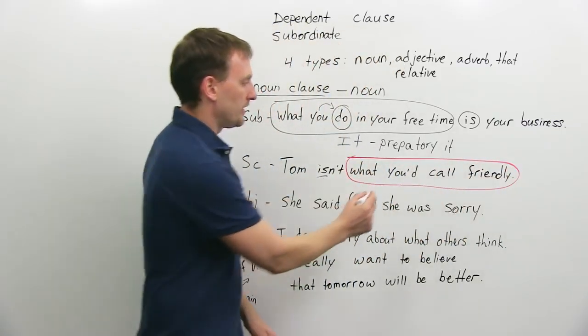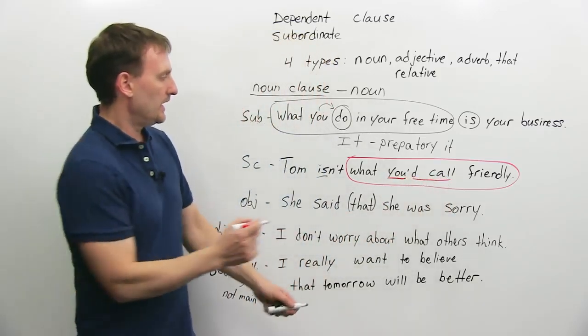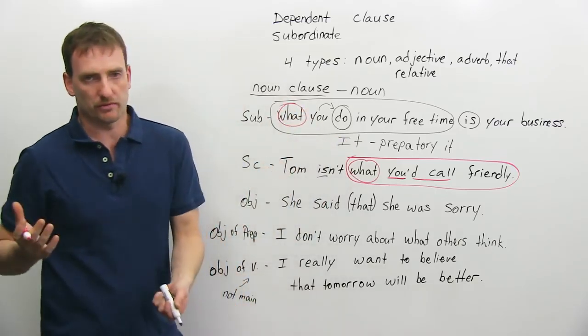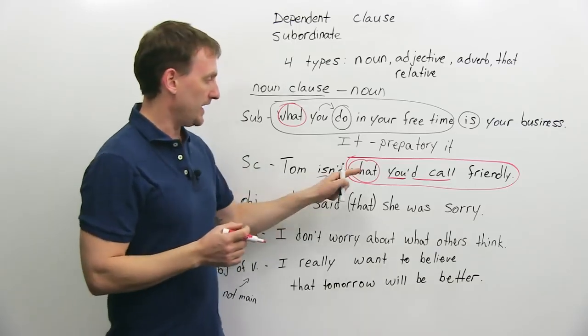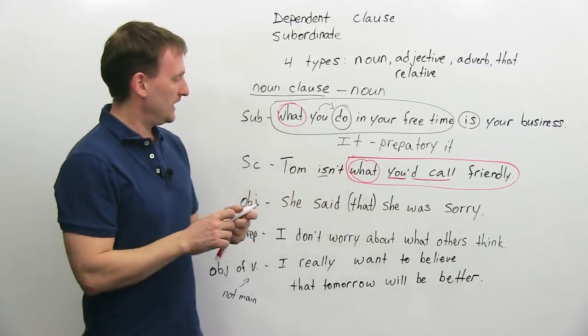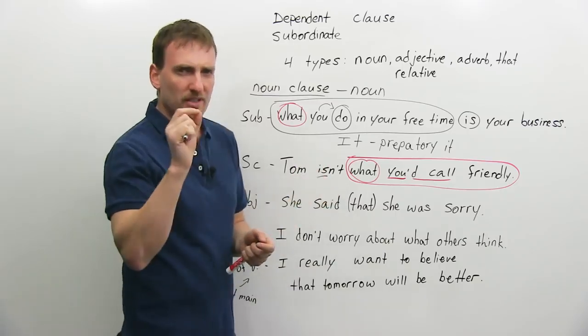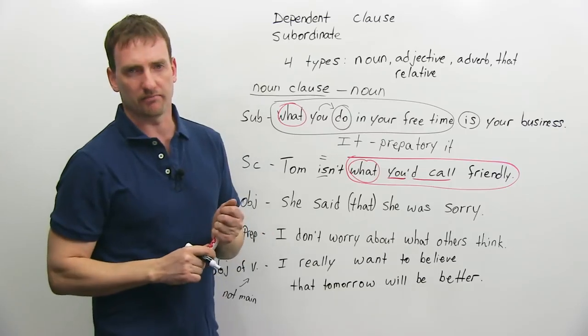This is the noun clause. There's the subject, there's the verb. These, by the way, these are just called the pronouns or the conjunctions, whatever you want to call them. They begin the clause. Now, as we know from other lessons, is works like an equal sign. Tom, not really friendly.